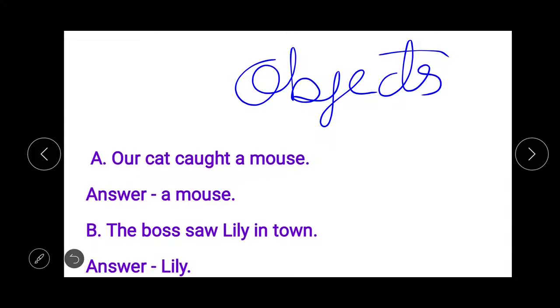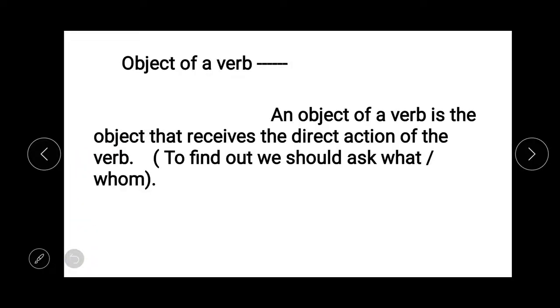So student, in sentence A, the verb is caught and its object is a mouse. And in sentence B, the verb is saw and its object is Lily. Now student, I hope that you have understood the objects of a verb. Now still, let me give you the definition.